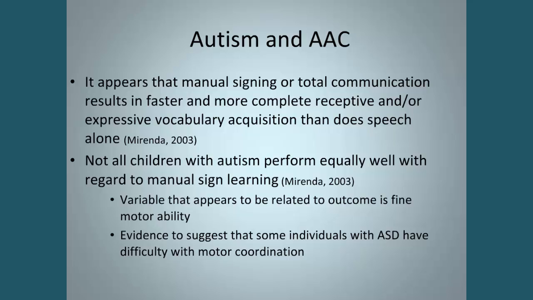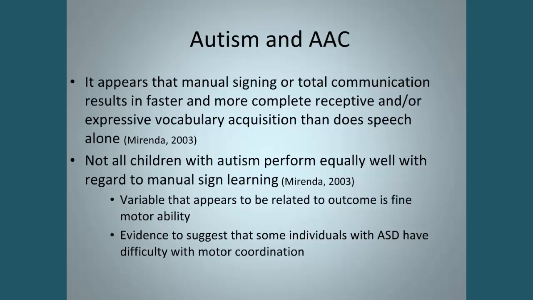However, not all children with autism perform equally well with regard to manual sign language. The variable that's very important appears to be their motor planning ability. How is their fine motor ability? Remember, we have lots of motor planning issues here.